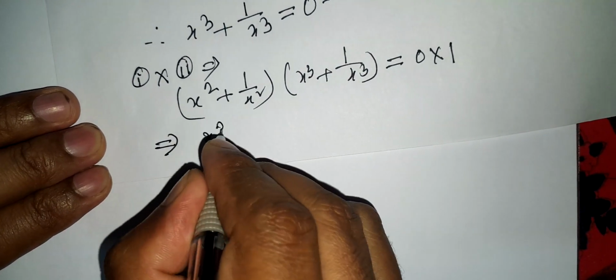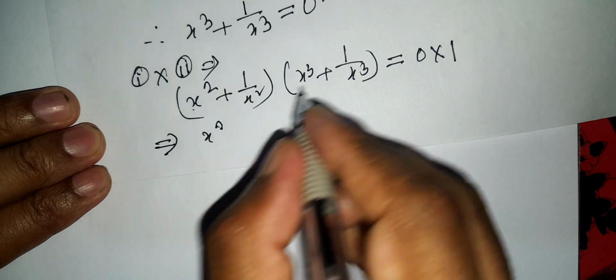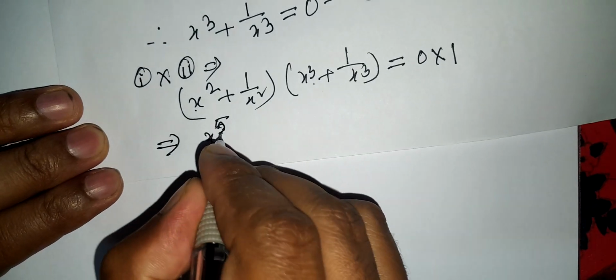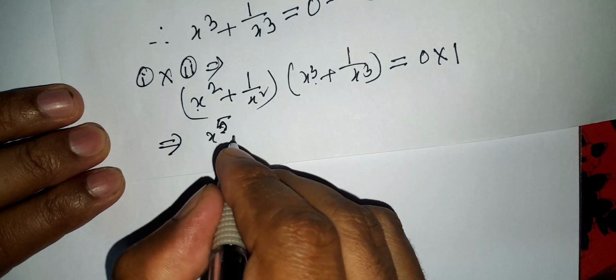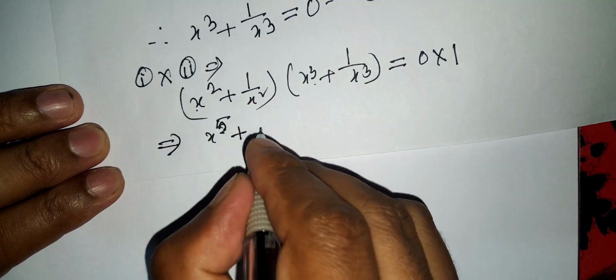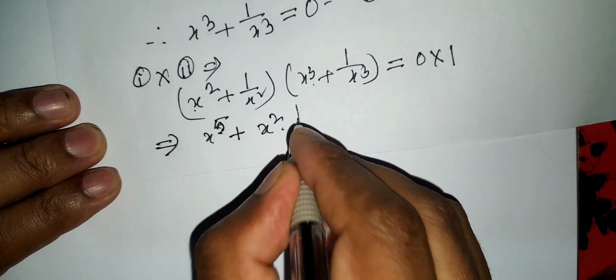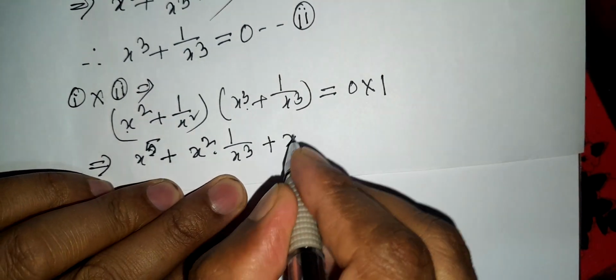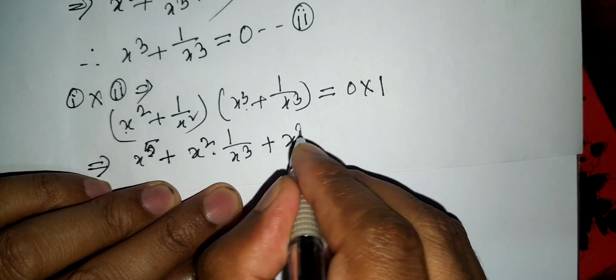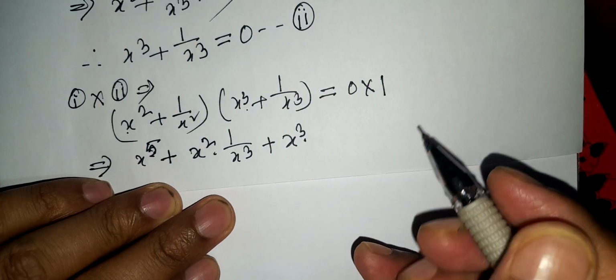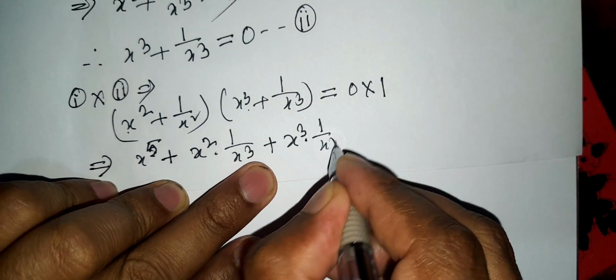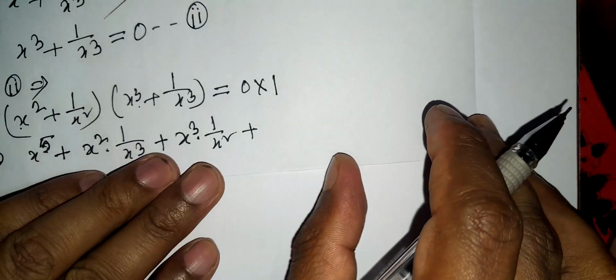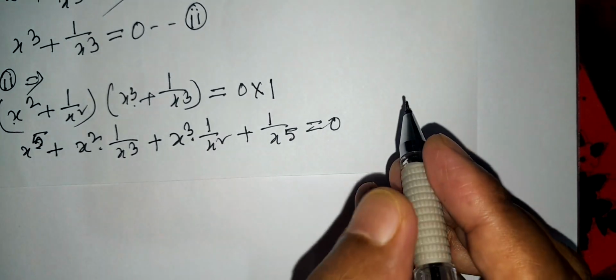Now multiplying x square and x cube, we can write x to the power 5 plus x square into 1 by x cube plus x cube into 1 by x square plus 1 by x to the power 5 is equal to 0.